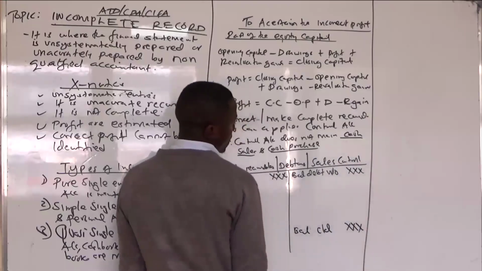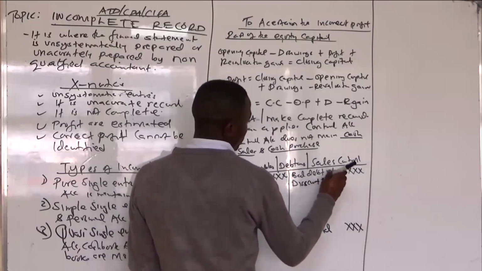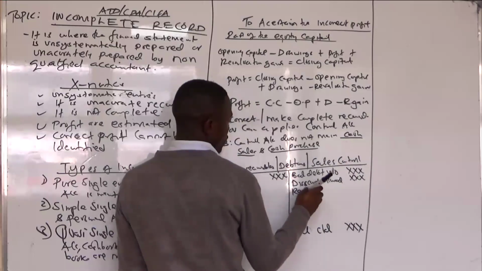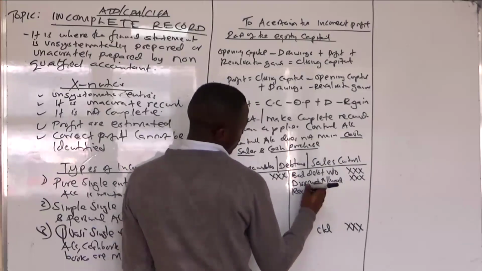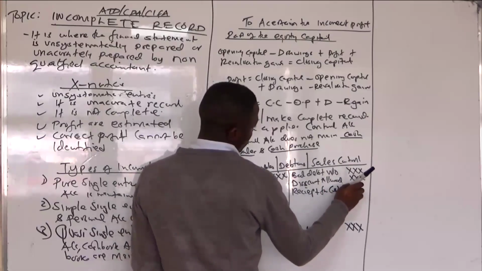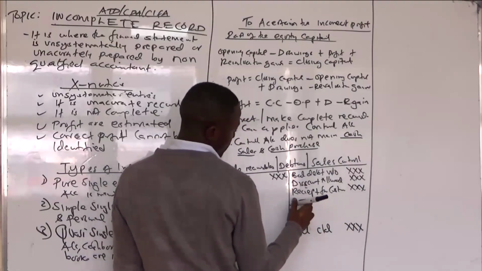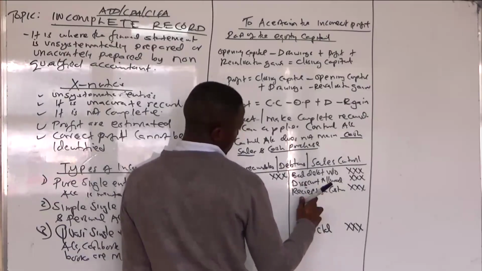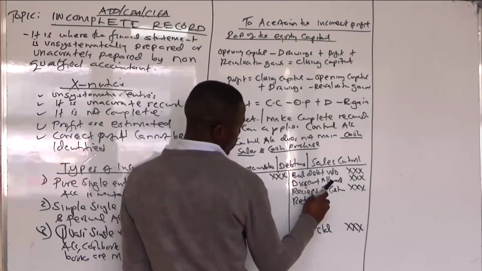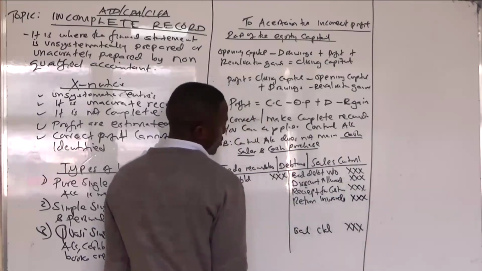There was a debt but they wrote it off. Discount allowed to them, allowed to customer. Receipt from customer, either cash or bank received. Now return inward. They returned goods, return inward.